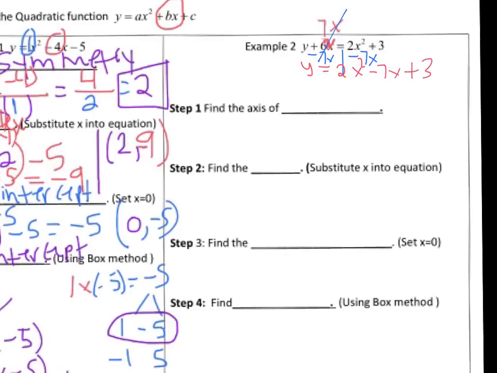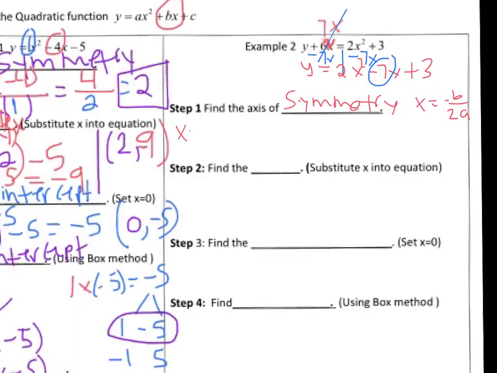So step number 1, we're going to find the axis of symmetry. Remember, the equation is x is equal to negative b over 2a. Our b in this case is negative 7.